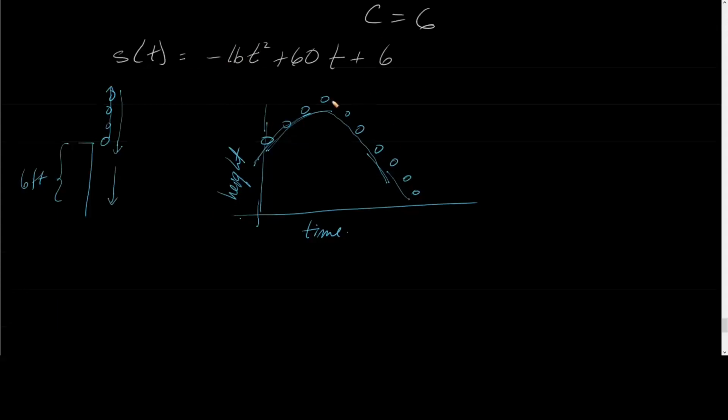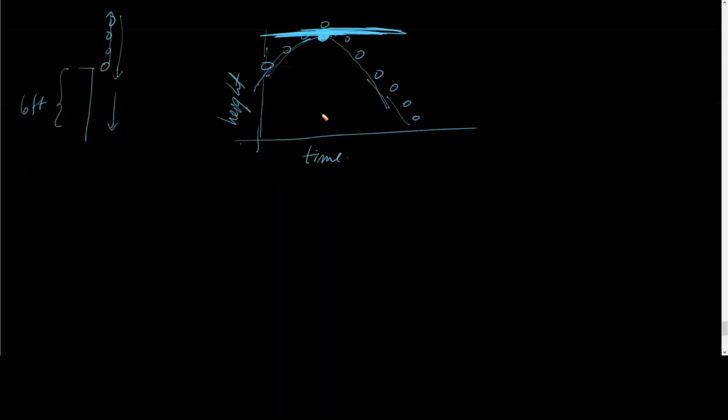So how do I find the maximum height? Well, the maximum height is where we have a tangent line of slope 0. And when does that happen? It happens at the critical values, right? And how do we find the critical values? We take the derivative. So for part 2, we had that s of t was negative 16t squared plus 60t plus 6.